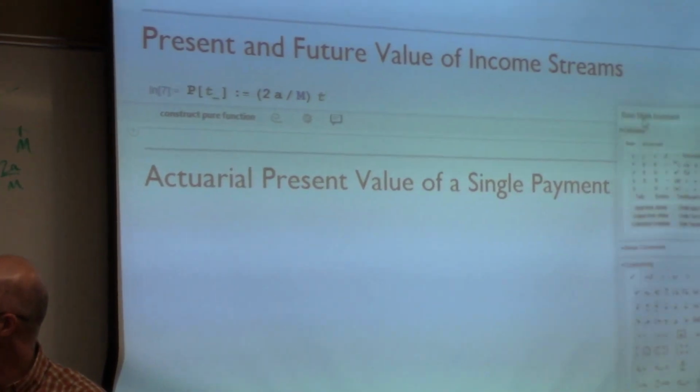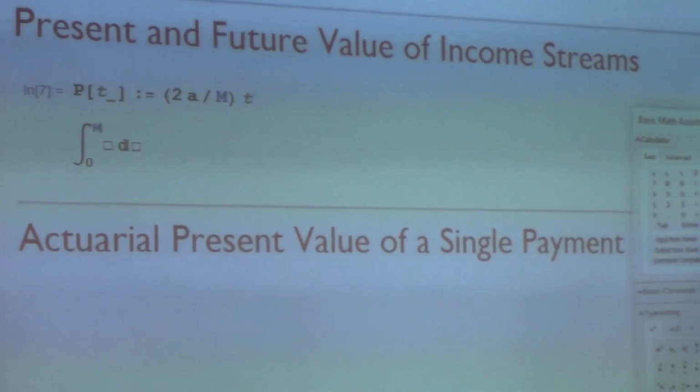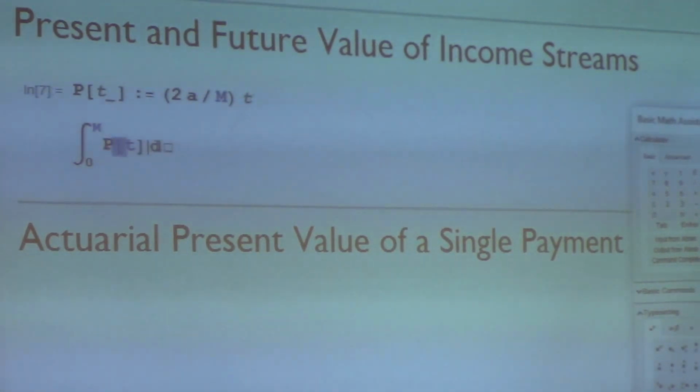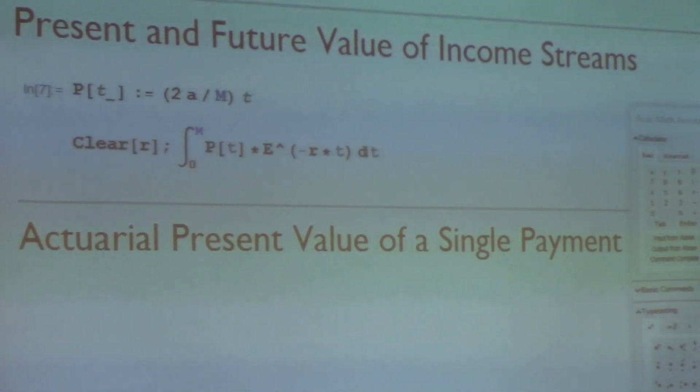Integrating that times e to the negative rt would give you the present value. Let's clear r. We had a value of r stored earlier, so let's clear it.